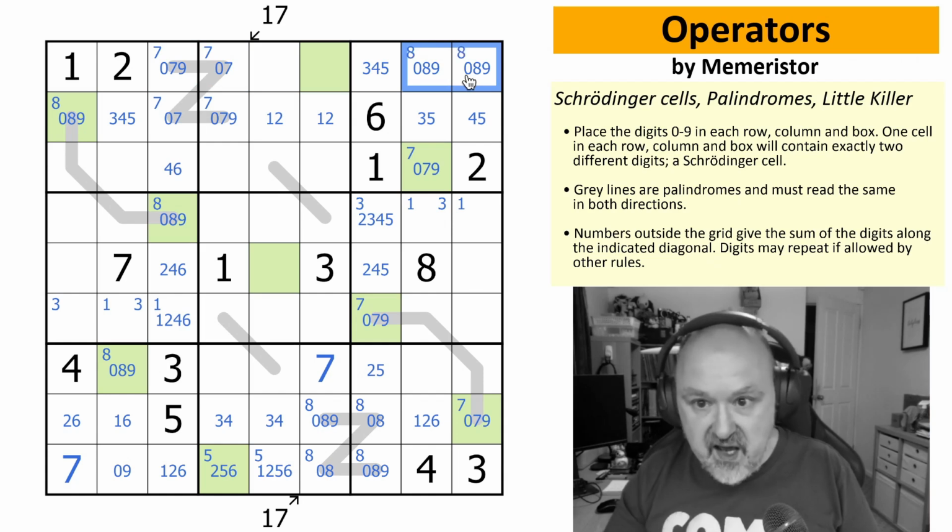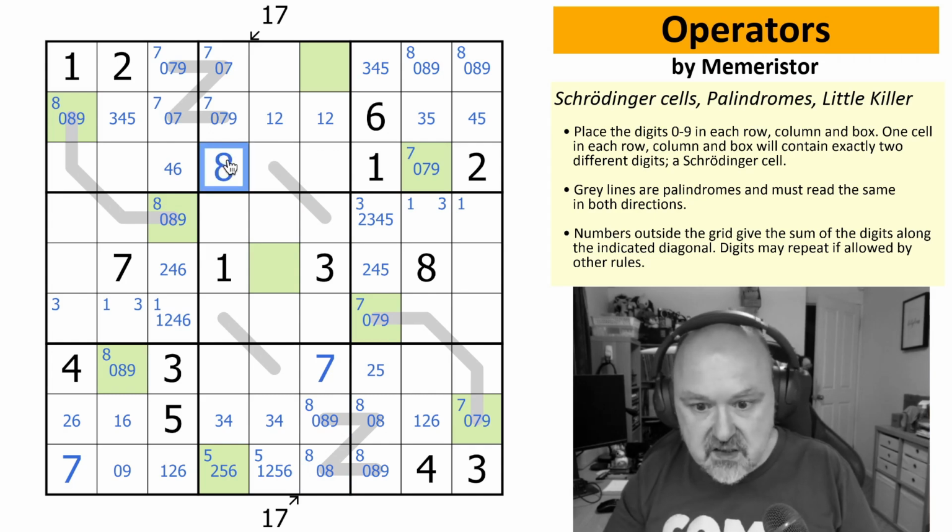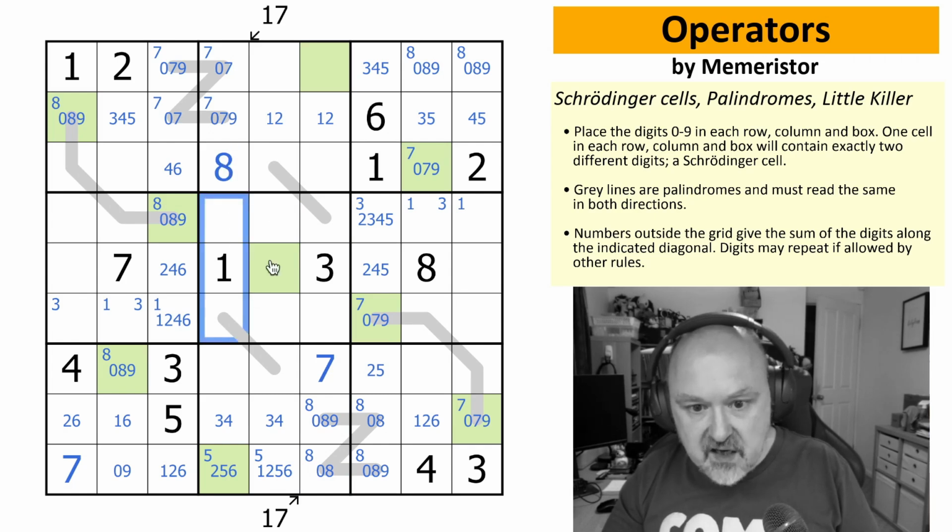Eight must be there. I know 8 is there, so 8 has to go in one of those. 8 can't go there because it's in one of those, and if 8 went there, it'd go there and there'd be the same conflict. This is not an 8, this is an 8. 8 can't go there, 8 can't go there because that is an 8. 8 can't go there, 8 is in one of those two. 7 can't go there, 7 can't go... Hang on, 8 can't go there because of those.